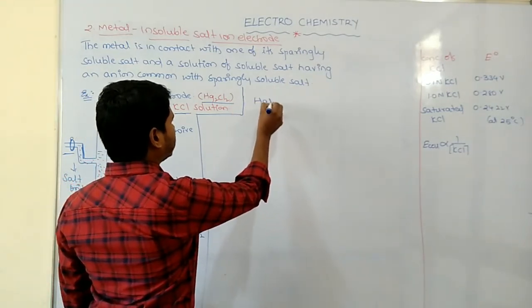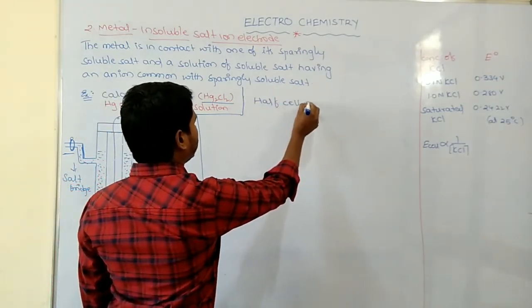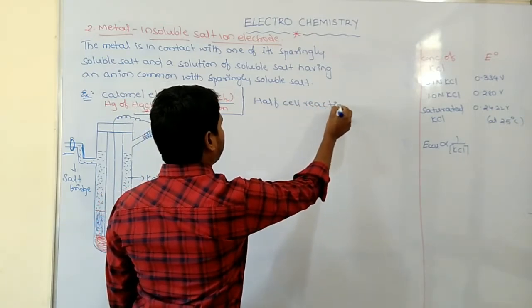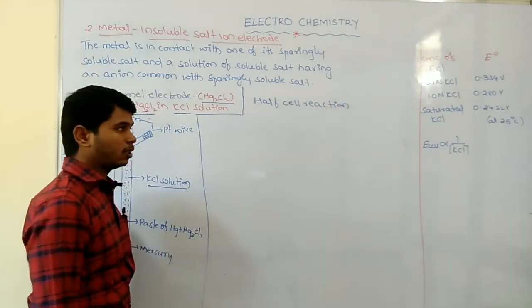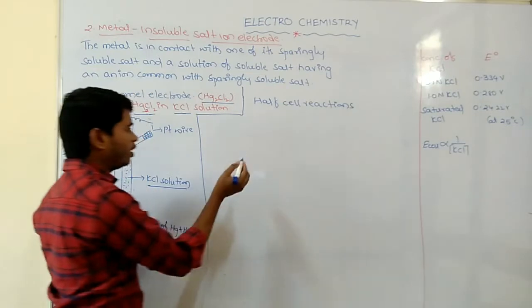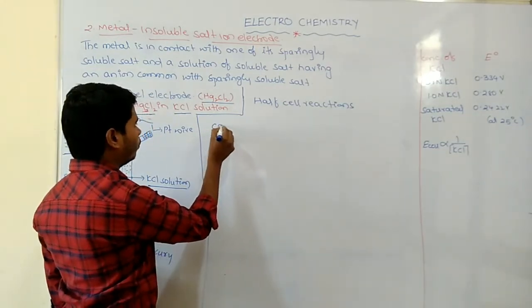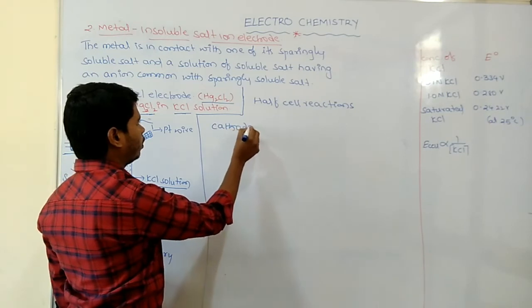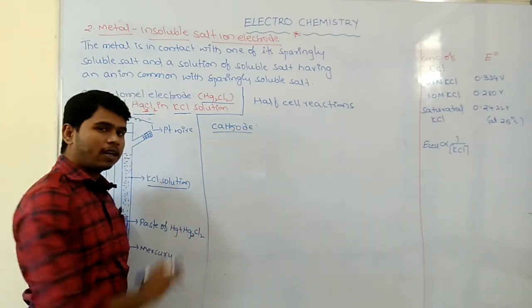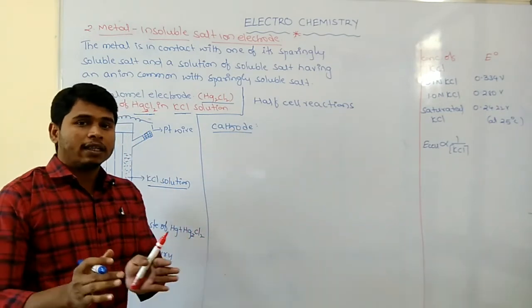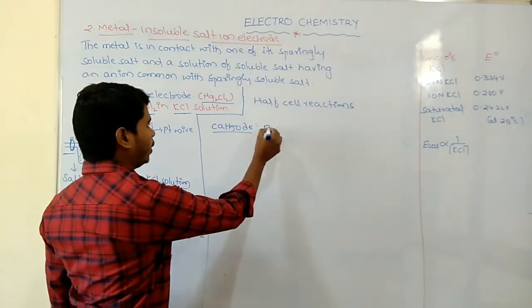Half cell reactions. For example, if this calomel electrode is acting as a cathode, the reduction reaction is taking place.